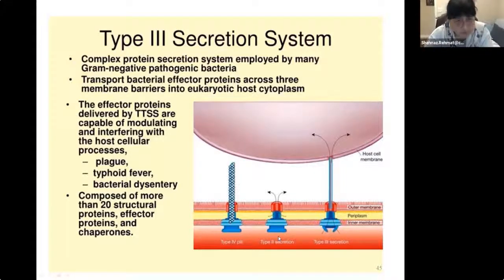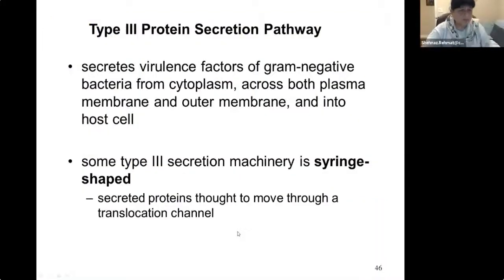So here is the comparison of the type 2 system versus the type 3 system, and we'll talk about type 4 also very soon. The type 3 secretion system, as we said, secretes virulence factors from gram-negative bacteria from the cytoplasm across the plasma membrane, through the outer membrane, and into the host cell.